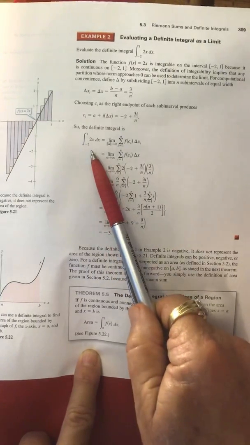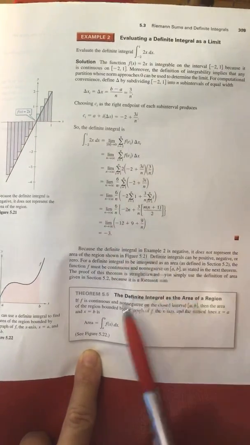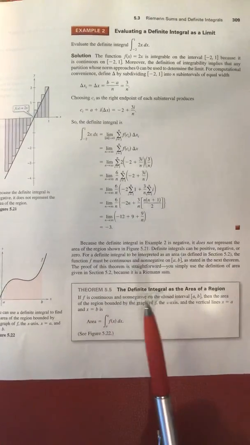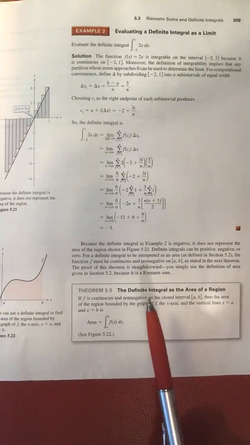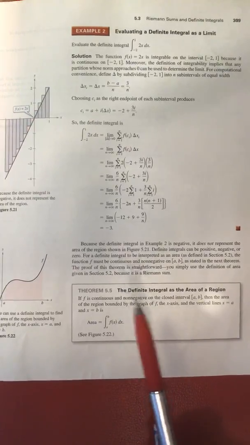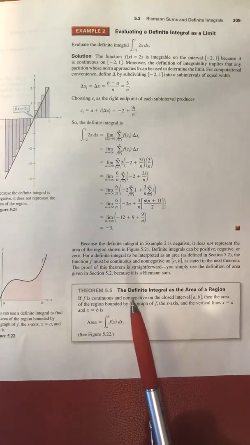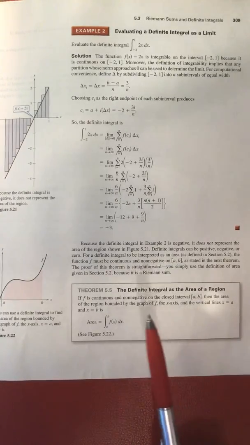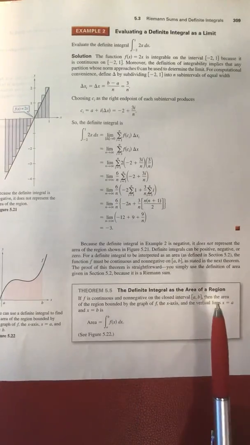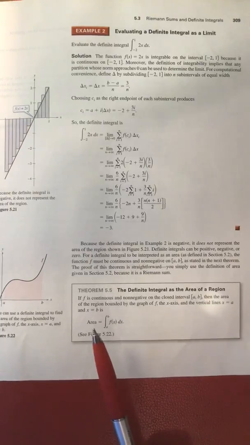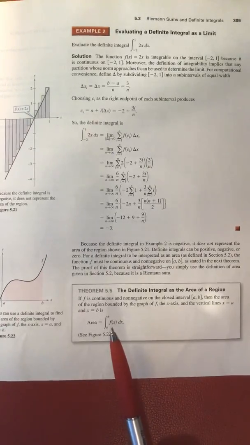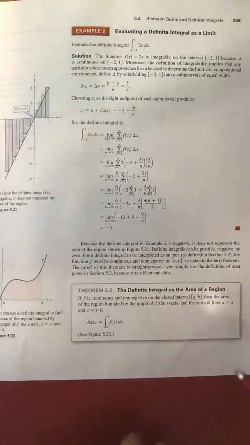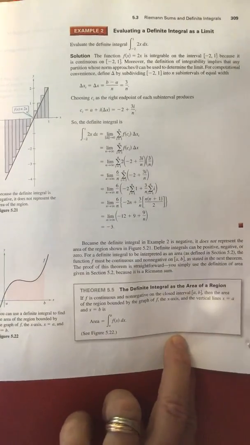But if you have a continuous function that's non-negative, which means no negative y values, it's above or on the x-axis, on a closed interval, then the area of the region from a to b is the definite integral from a to b of f of x dx. So that's area.